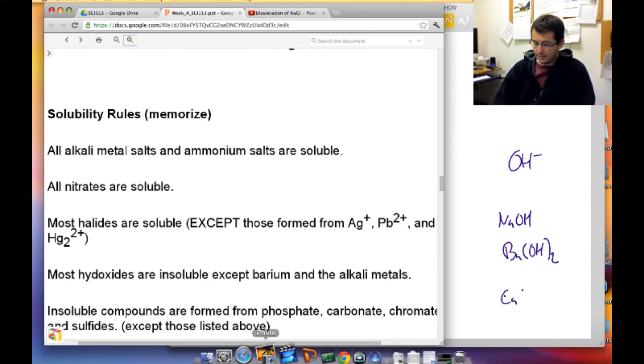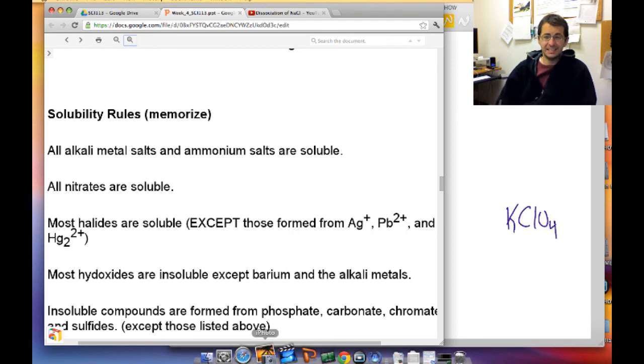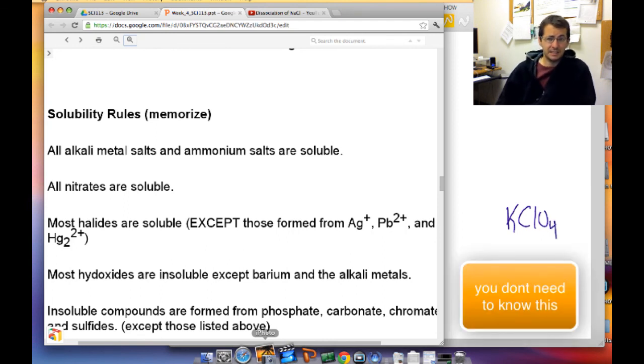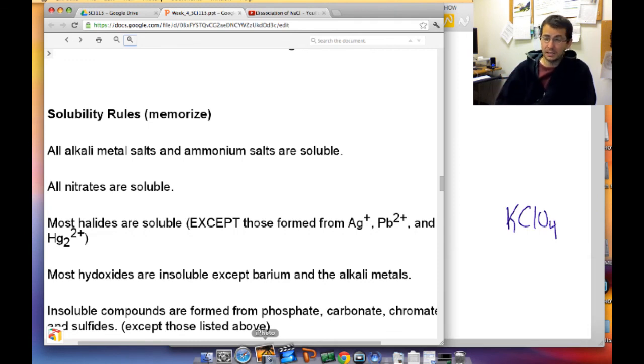Phosphates, carbonates, calcium carbonate, insoluble. So for the most part, everything else is going to be insoluble. But again, there are exceptions. For instance, potassium perchlorate actually has very poor water solubility. So it has a weak water solubility. Why?